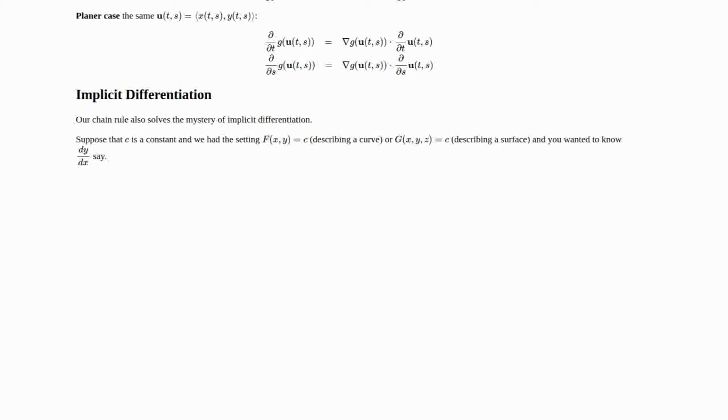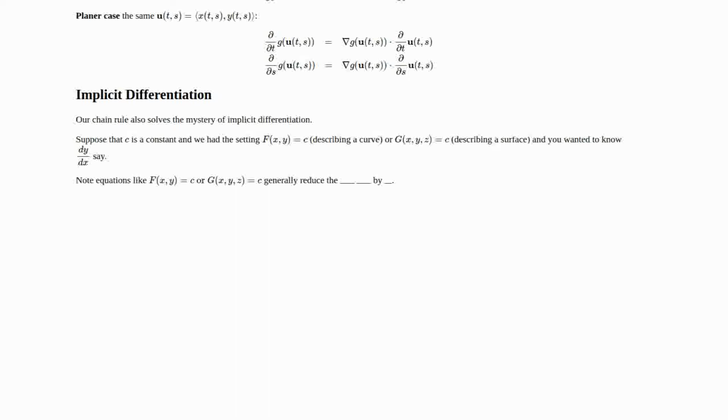So this could be an implicit description of some type of curve, because setting a function of two variables equal to a constant more or less makes one dependent upon the other, although the dependency can switch in different locations on the plane. Or alternatively, we had a three variable function, capital G(x,y,z), setting it equal to a constant, which often describes a surface. And you wanted to know dy/dx, say.